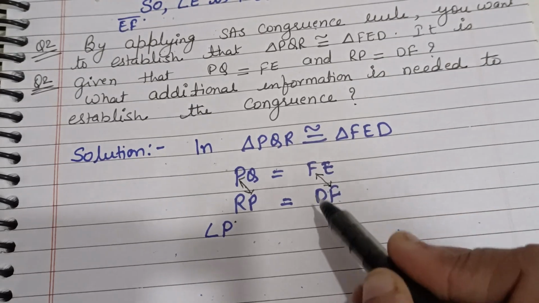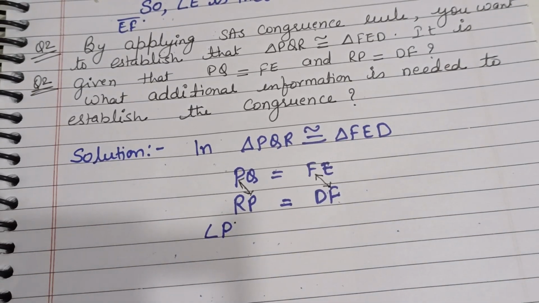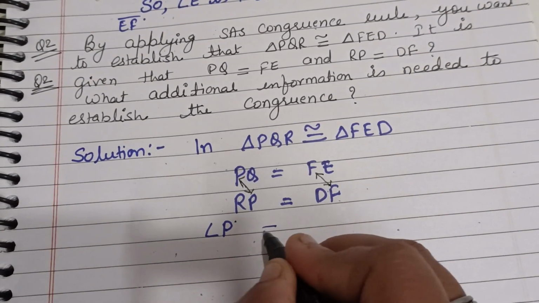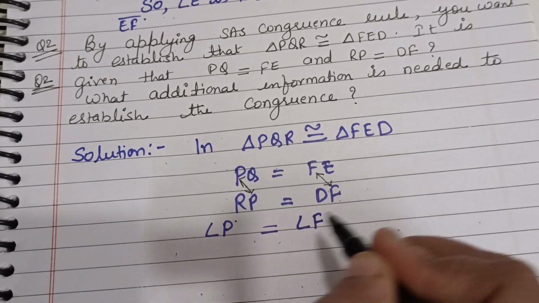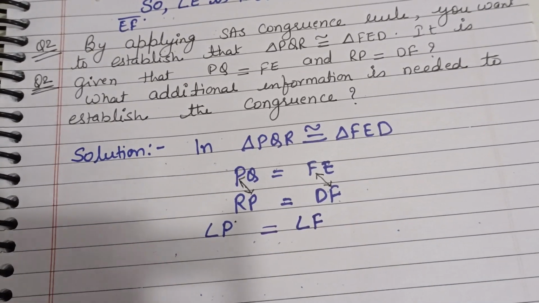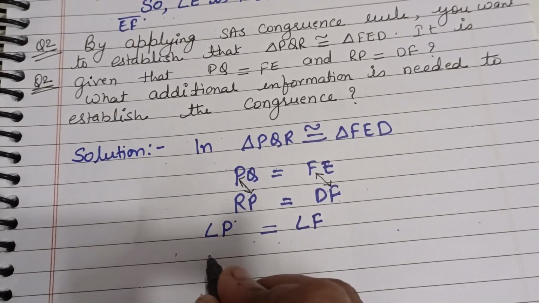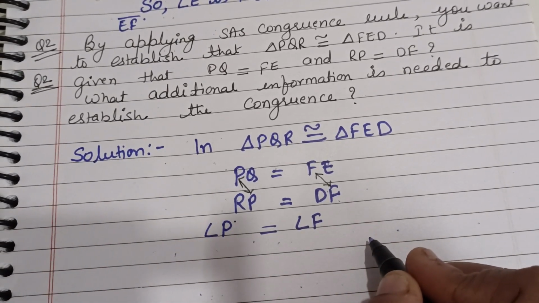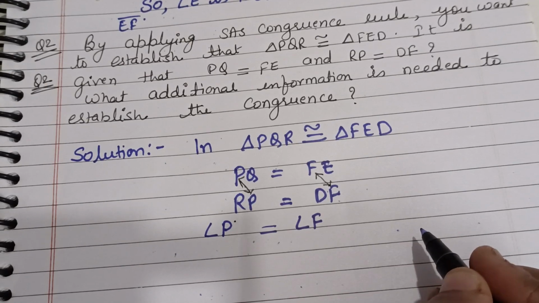F. F is the same in both. So angle P will be equal to angle F. So the additional information needed to apply SAS congruence is angle P equals angle F.